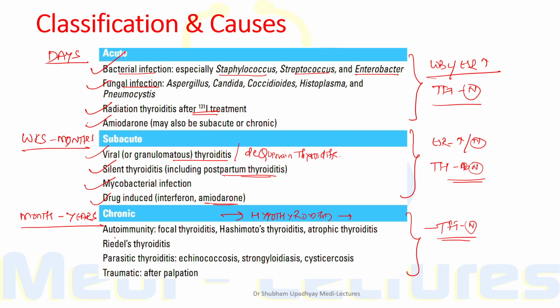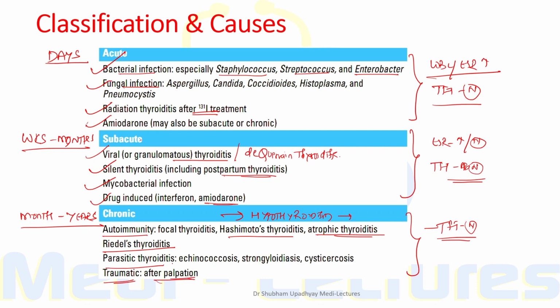Chronic thyroiditis is basically due to autoimmunity, be it Hashimoto's thyroiditis. Later stages of Hashimoto's thyroiditis become atrophic thyroiditis and the patient lands up in hypothyroidism. Then we have Riedel's thyroiditis, some parasitic infections, and traumatic thyroiditis after palpation of the thyroid tissue.